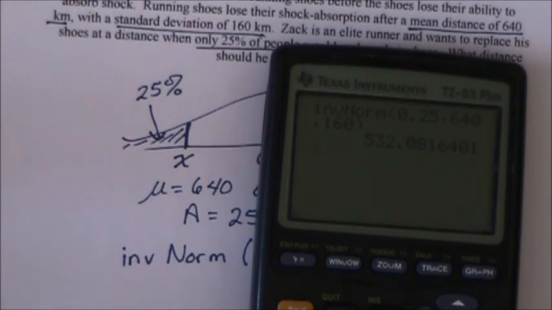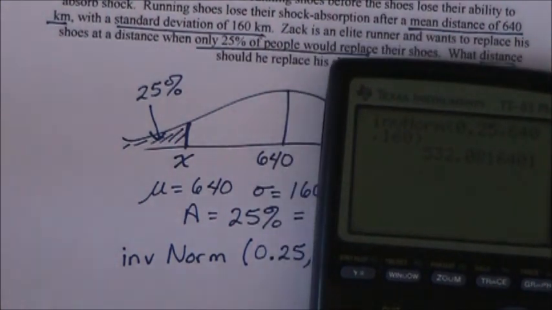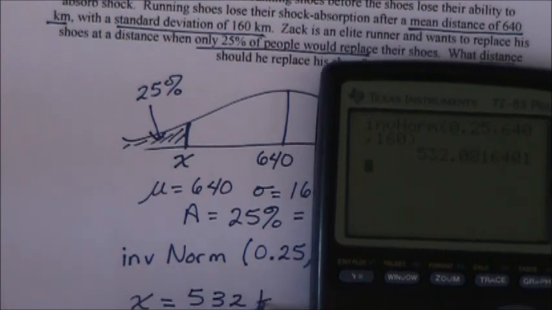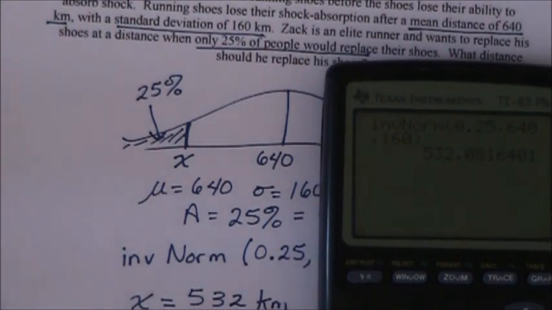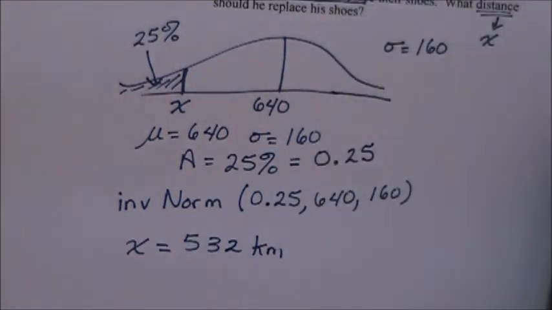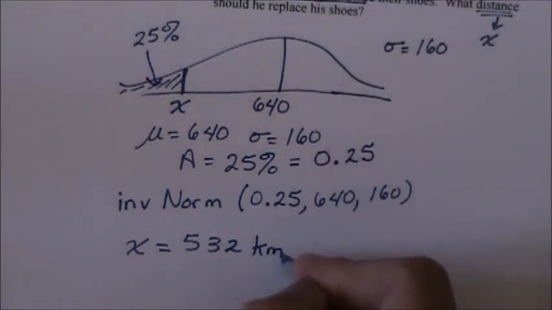So when we look at it, we get an answer of 532.0816. So we want a distance of 532 kilometers. And that will be when he needs to replace his shoes.